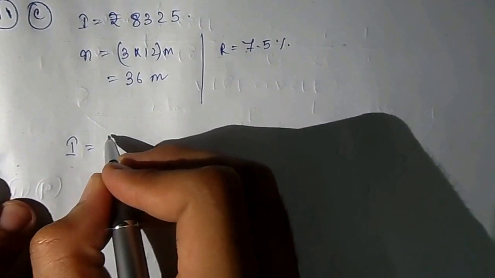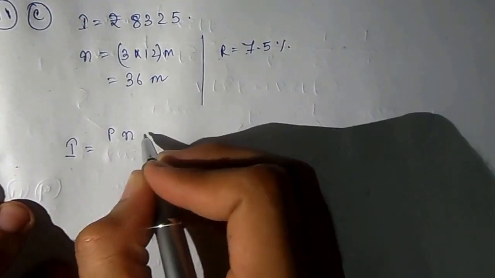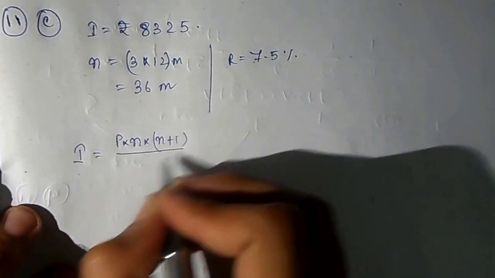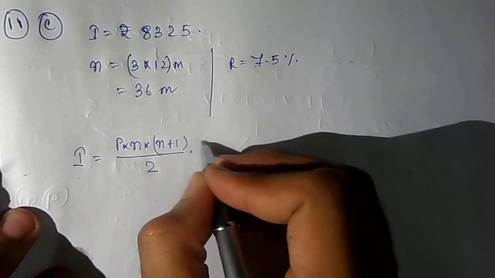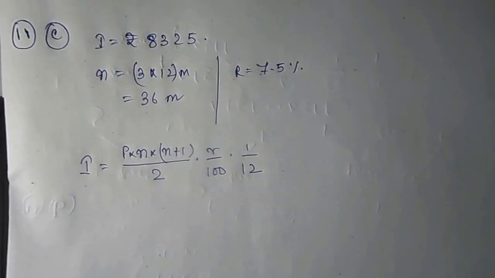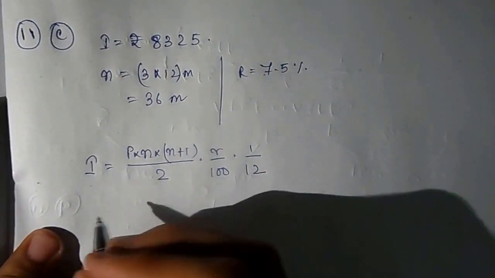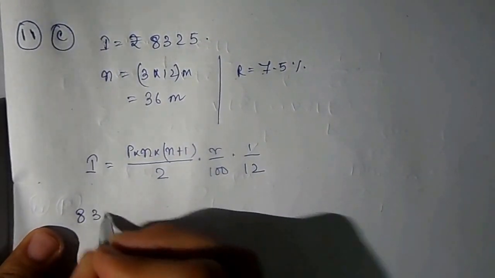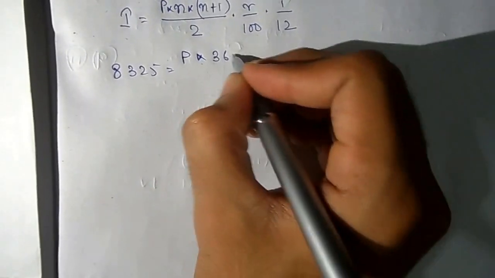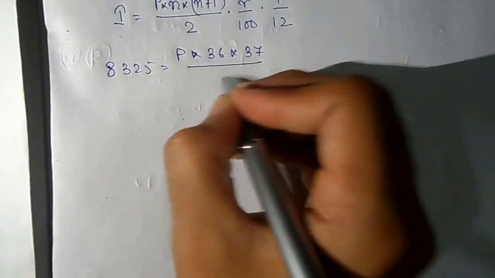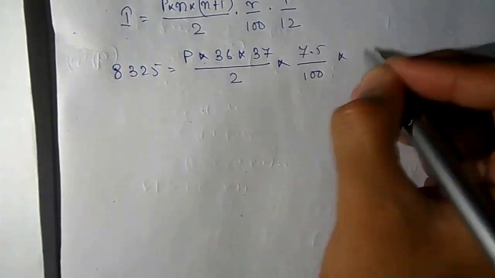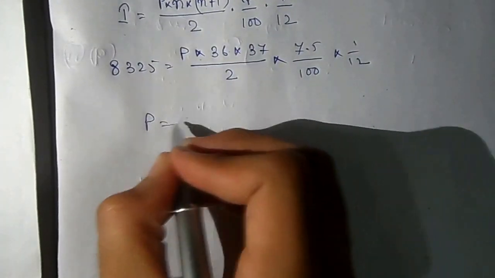I equals P, that is monthly installment, into N into N plus 1, divided by 2 into R by 100 into 1 by 12, which is equal to time. So interest is 8325. You have to calculate the monthly deposit P. N is 36, 36 plus 1 is 37, divided by 2 into R is 7.5, divided by 100 into 1 by 12.